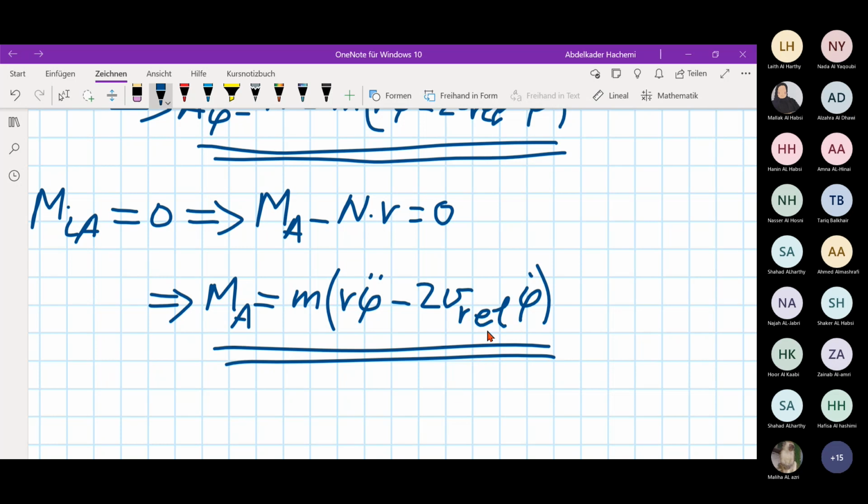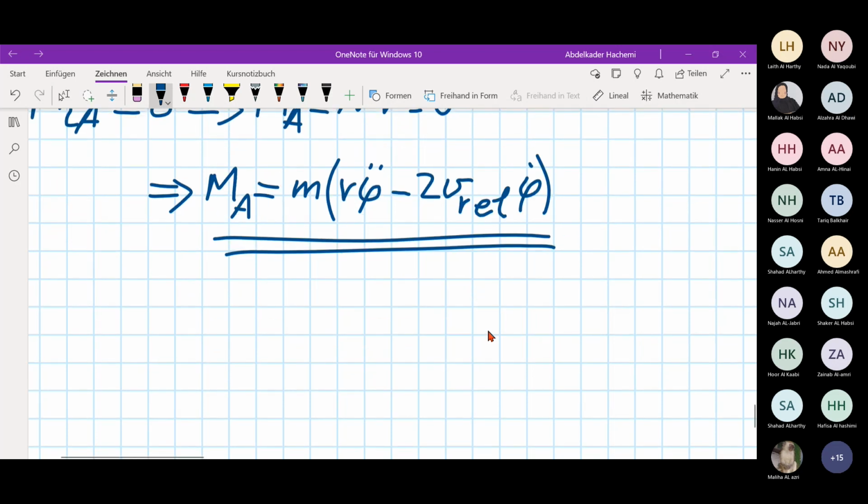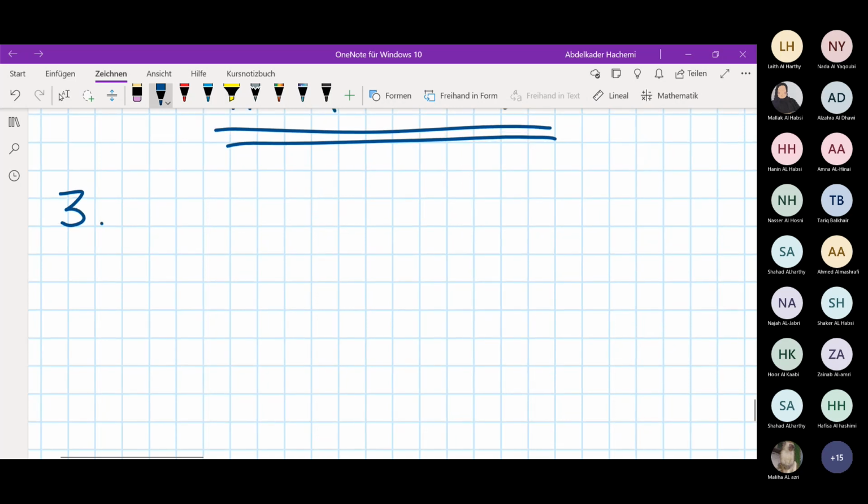Now coming to the third question, to determine the internal force in the robot arm, okay? Now coming to the third point, we have our robot arm here.